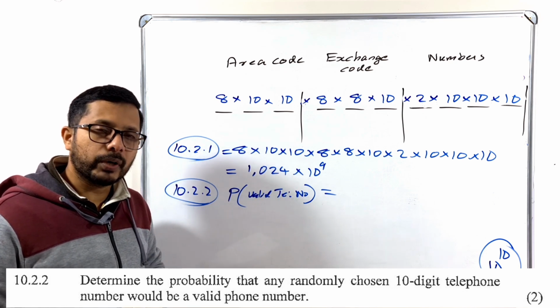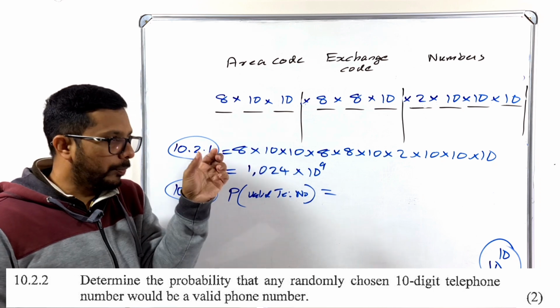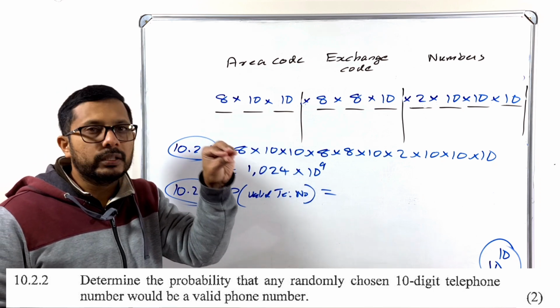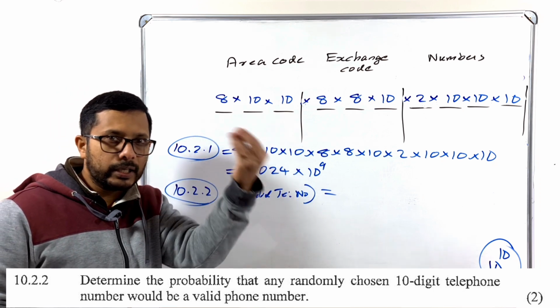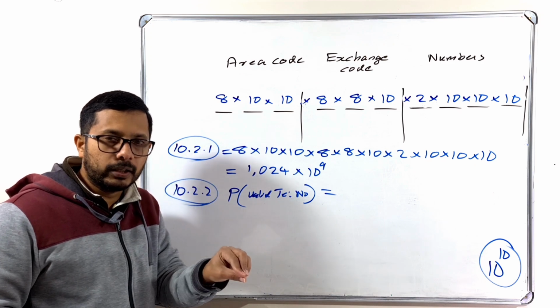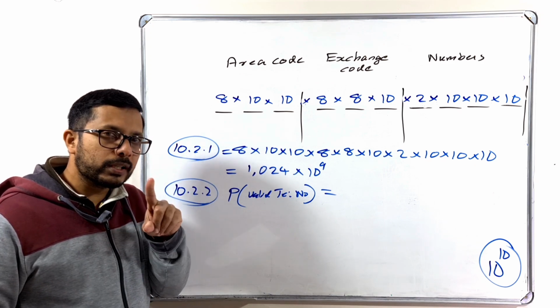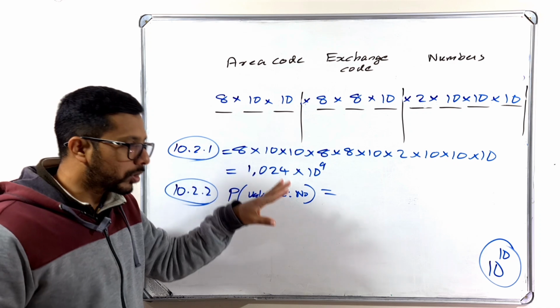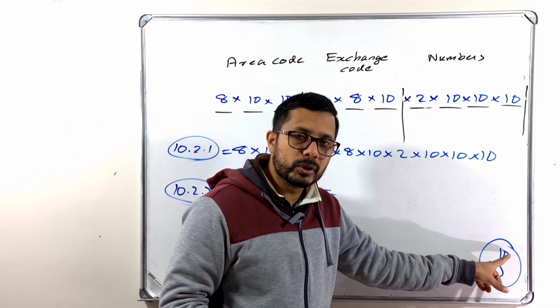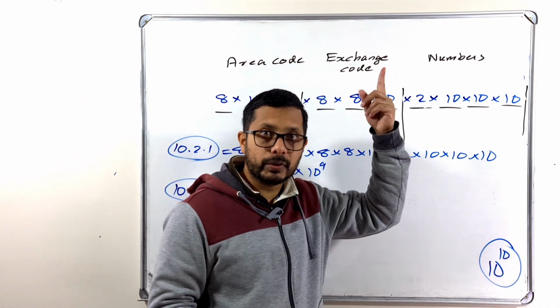How can you find the probability? The number of items in that particular criteria divided by the total number. Do you remember the total number without any restriction? Total possibility is 10 raised to 10, from our first question.